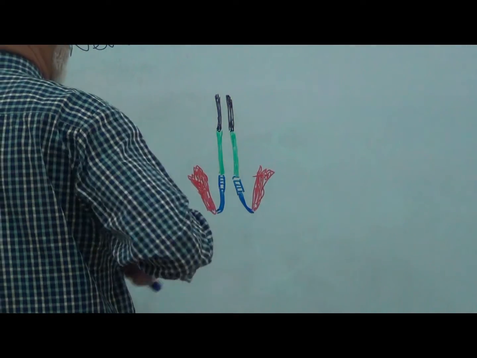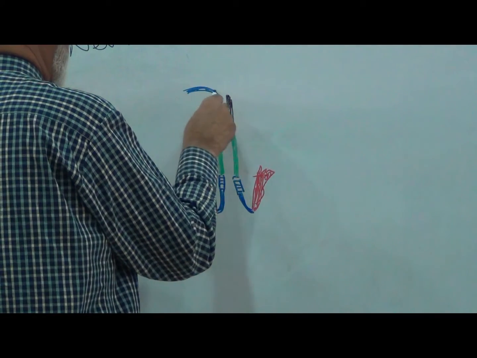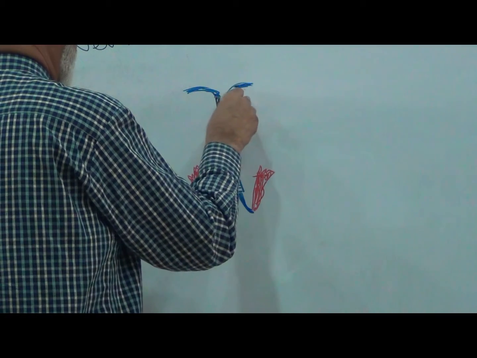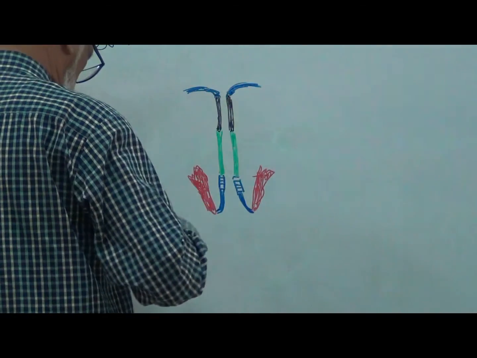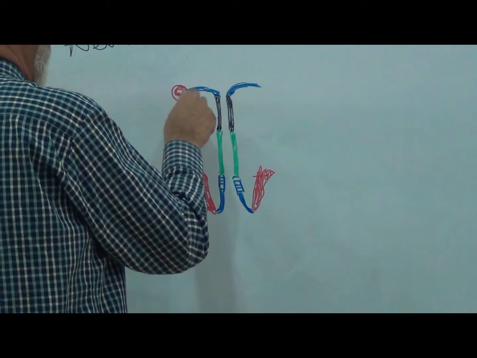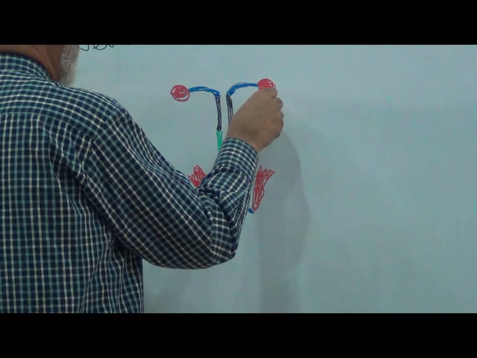The body of the fornix continues as the column of the fornix, and the column of the fornix terminates in the mammillary body.